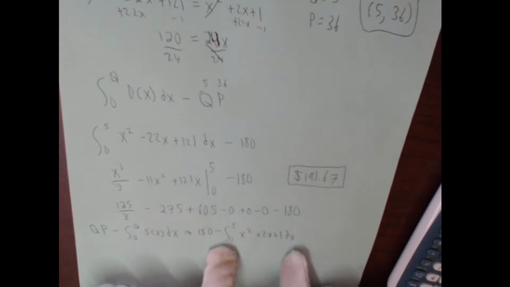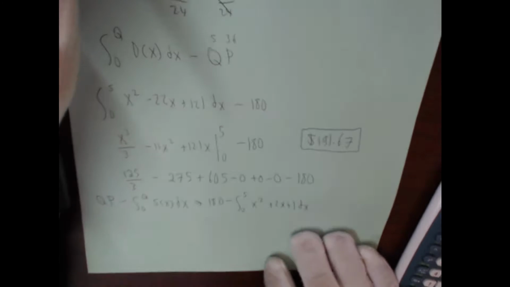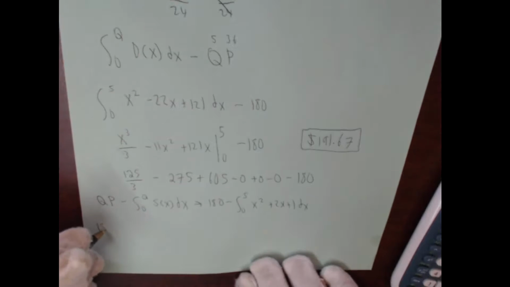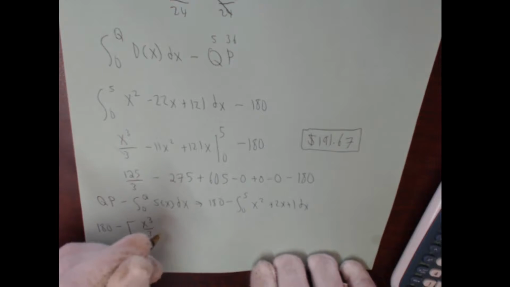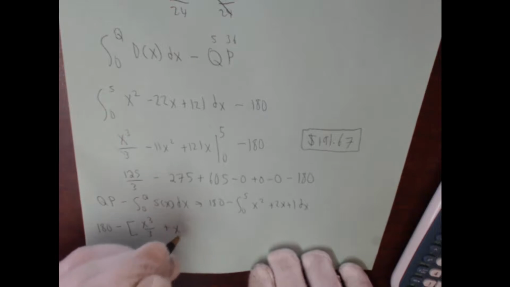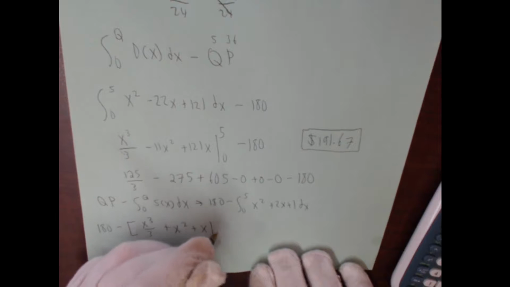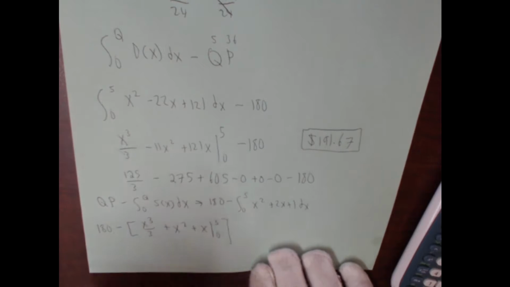And again, remember that this is minus all of this, so don't forget to distribute your minus sign in a minute. So that's going to be 180 minus x³/3 + x² + x evaluated from 0 to 5.